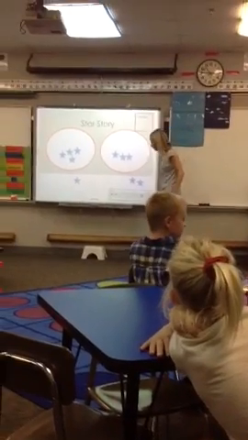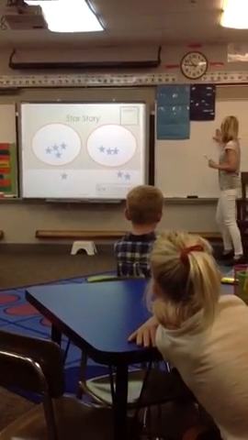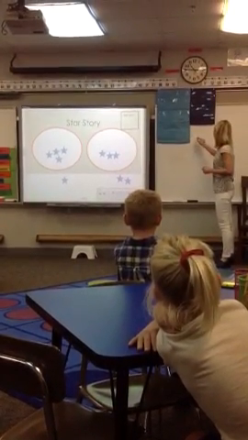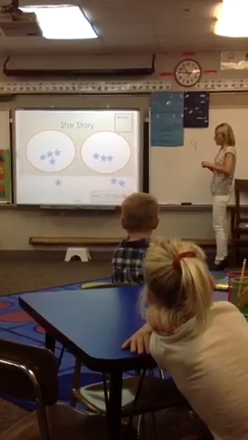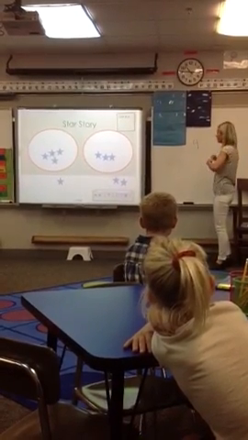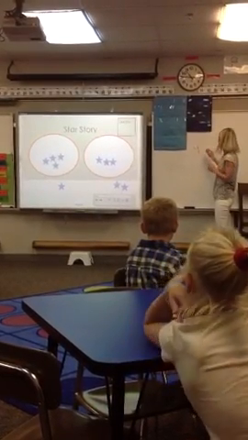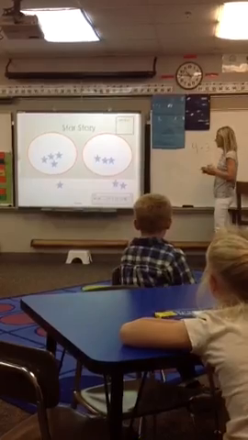4. Marcello, thank you for raising a quiet hand. 4. So what number am I going to write on the board? 4 stars. How many stars are in the second circle? Matea? 3 more. How do I write 3 more? Plus 3.